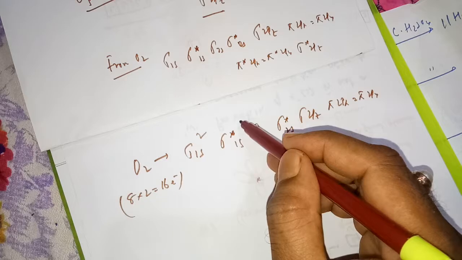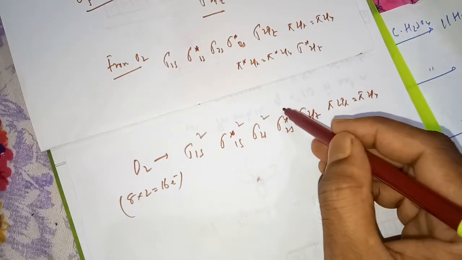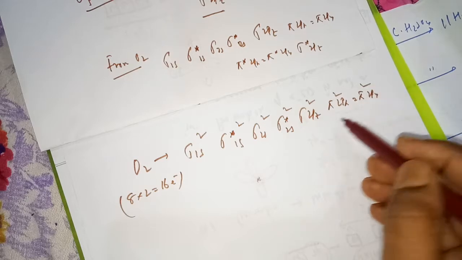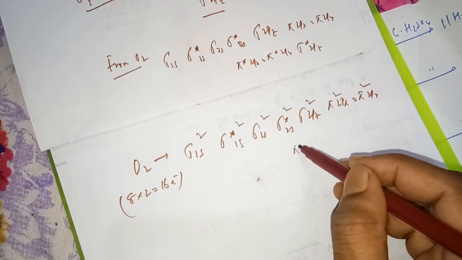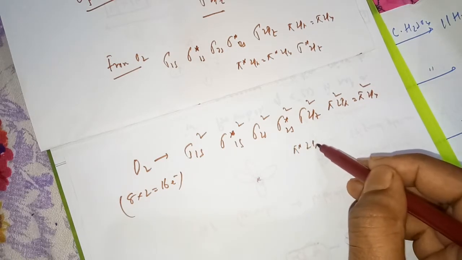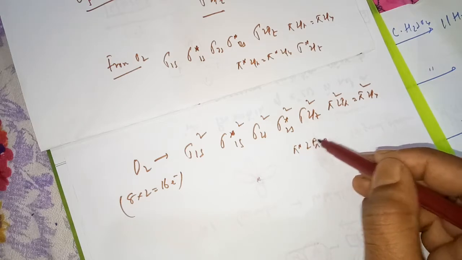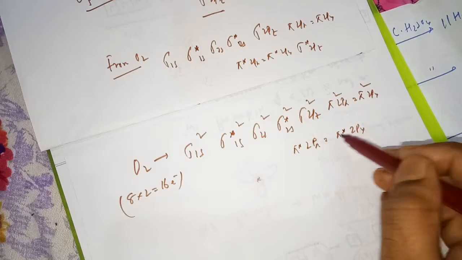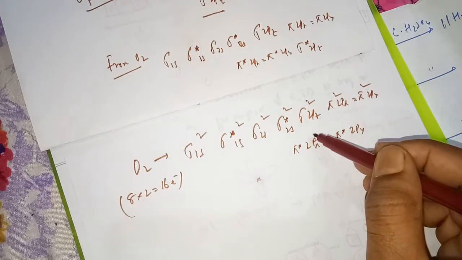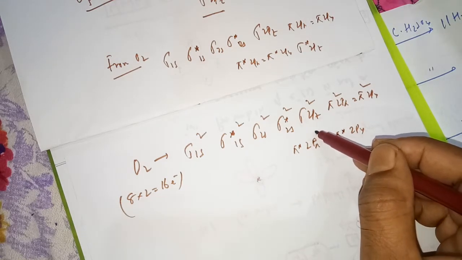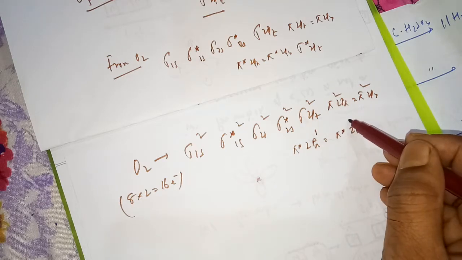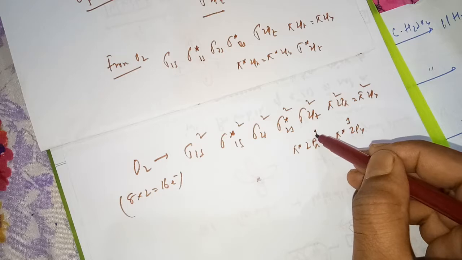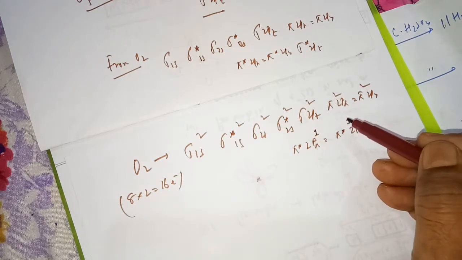So 2 plus 2 is 4, plus 2 is 6, plus 2 is 8, 9, 10, 11, 12, 13, 14. And then pi star 2px is equal to pi star 2py. Now you cannot give 2 electrons here. So 1 electron in this one, 1 electron you have to give in the other. This is strictly in accordance with Hund's rule.